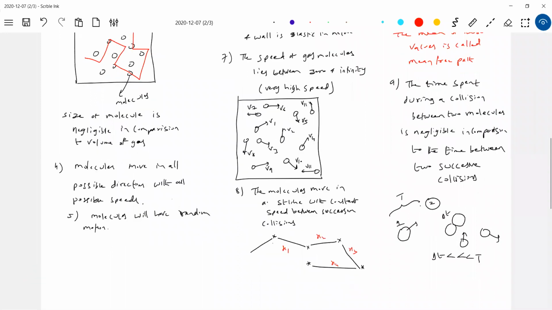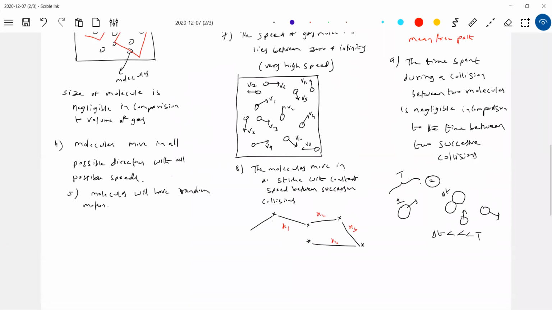Next, again, at steady state, tenth one.